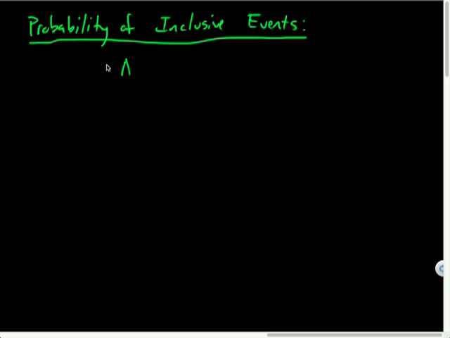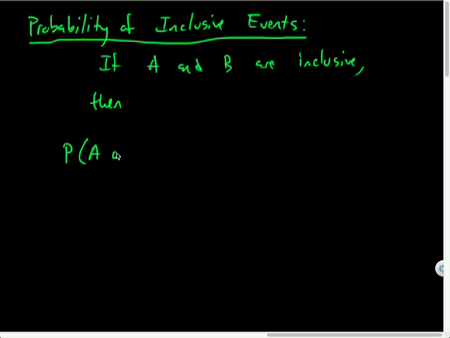So if A and B are inclusive, then the probability of A or B occurring is going to be the probability of A plus the probability of B minus the probability of both, A and B occurring.